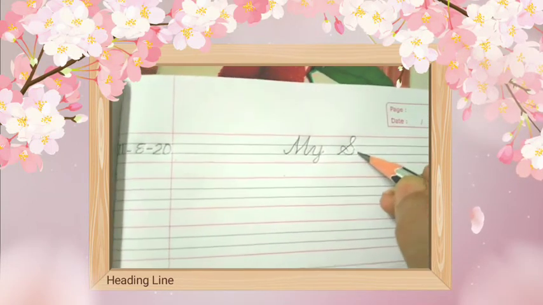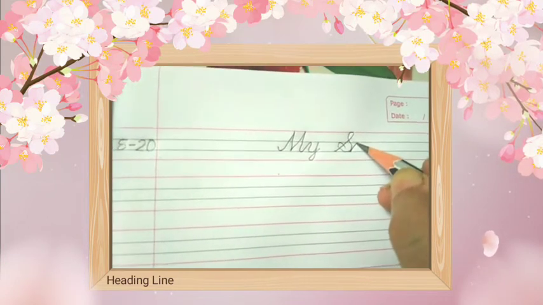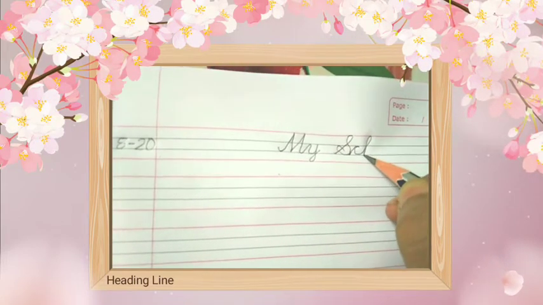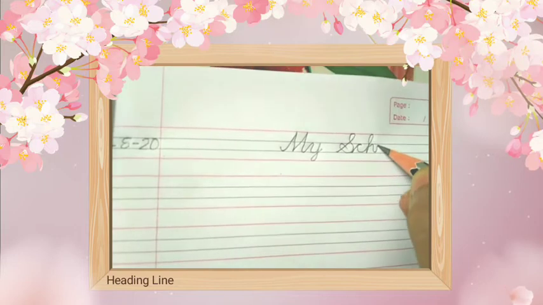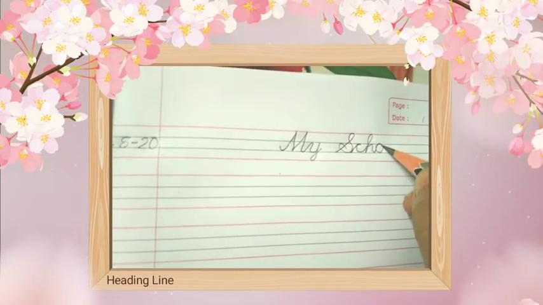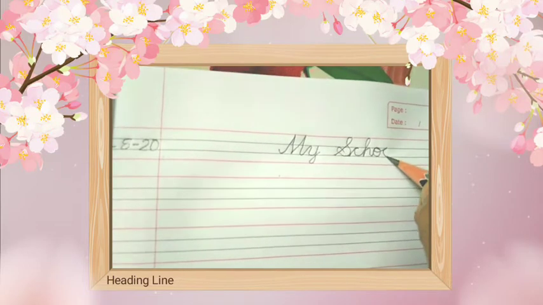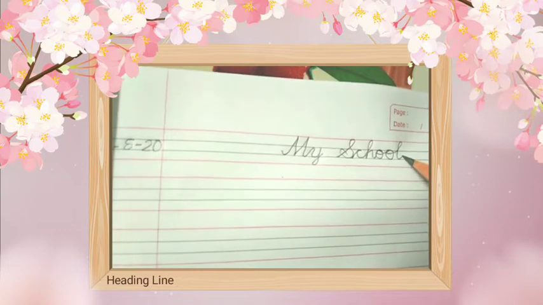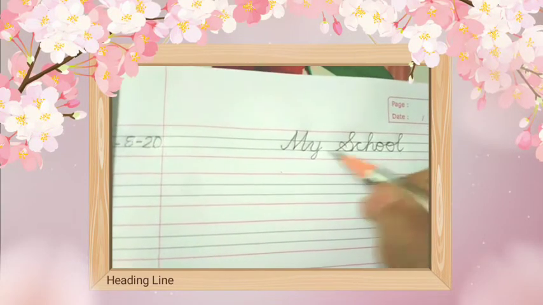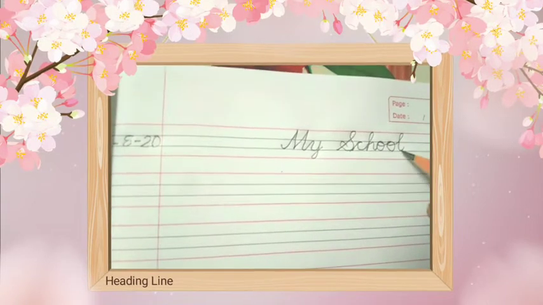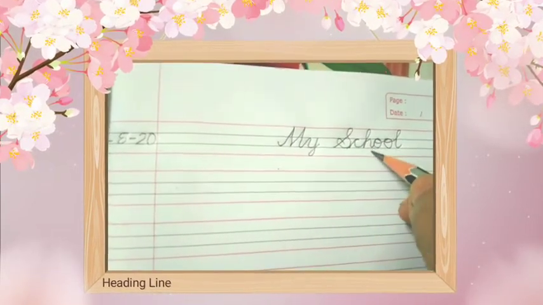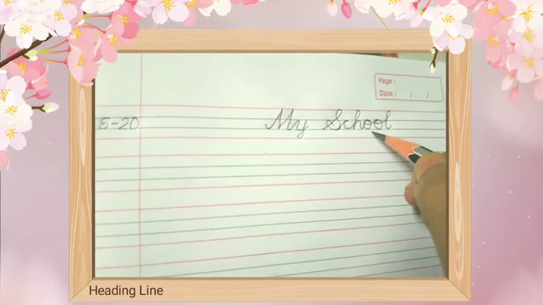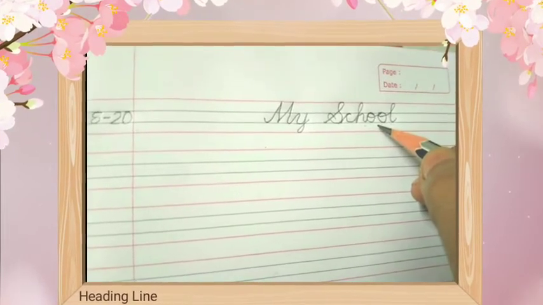This is S. Now after S, C, H, double O, and last letter is L. MY, my. SCHOOL, school, my school. Children, in this lesson you are going to write those things spelling which are used in schools.